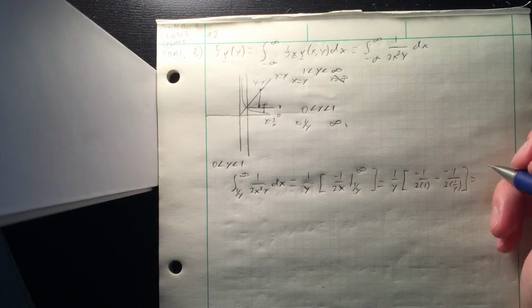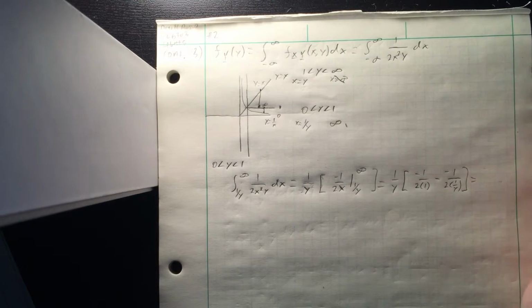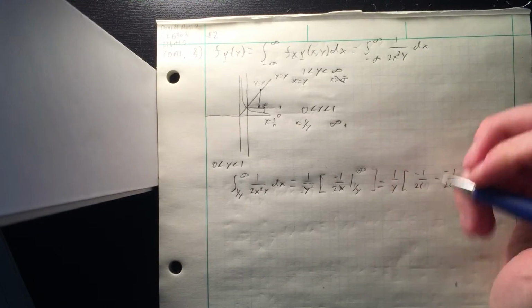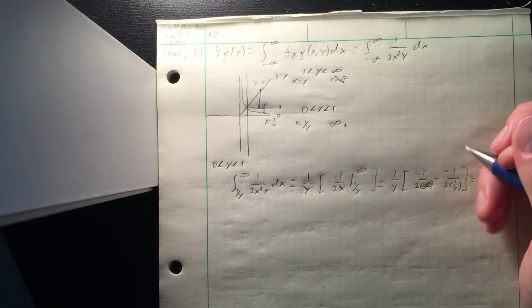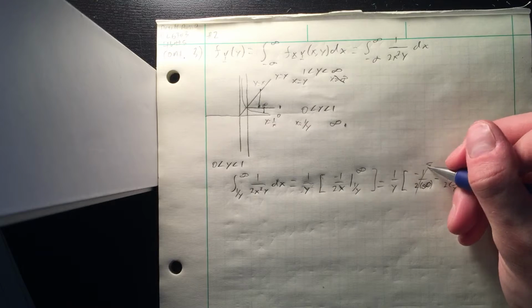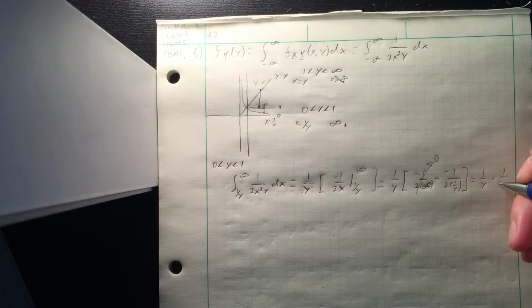And you can see that, sorry, it's infinity, getting a little mixed up. So this will go to 0, and we'll have 1 over y multiplied by 1 over 2 over y, which makes the y come up here, and we'll cancel those.